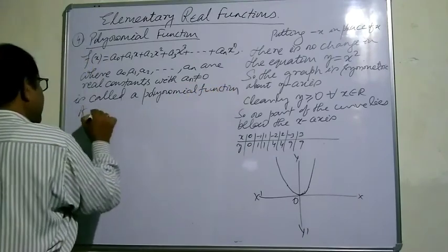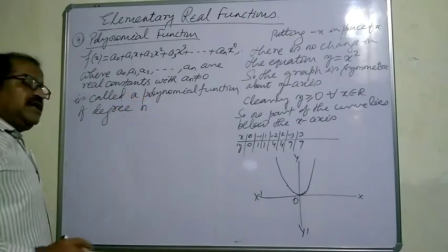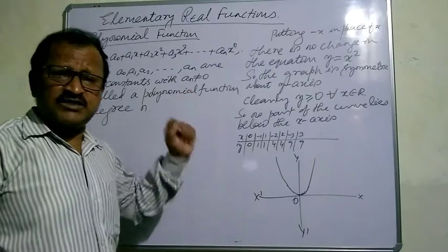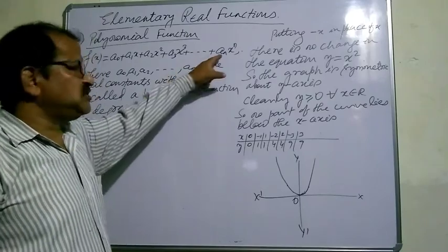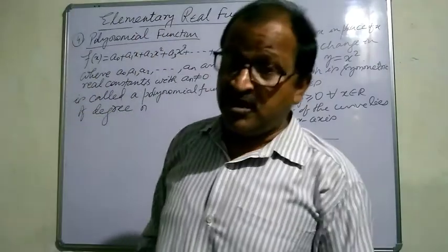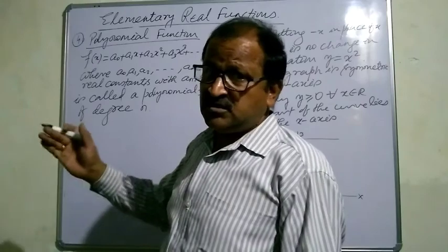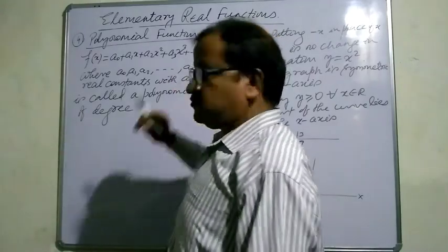of degree n. What is the degree? Degree n, with an not equal to 0. This is the restriction. Why? If the last coefficient is 0, then it is not a polynomial function of degree n; it will be of degree n minus 1. So the coefficient of the last term should not be 0.